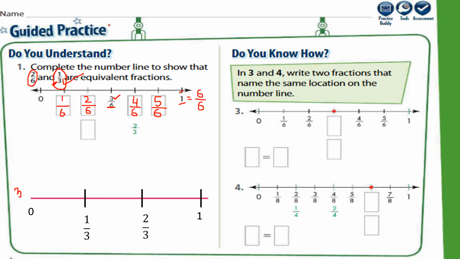And now you can see that 2/6 is equal to 1/3. So I can write this here. Okay, likewise 4/6 is equal to 2/3, or 4 is double of 2 and 6 is double of 3.